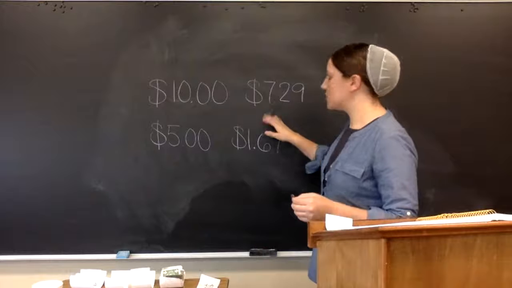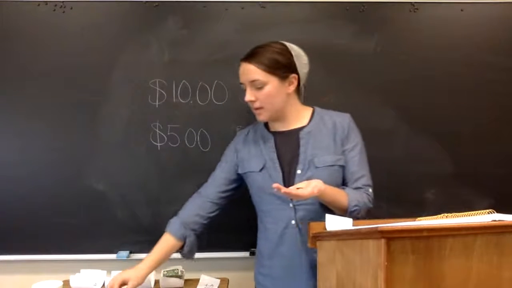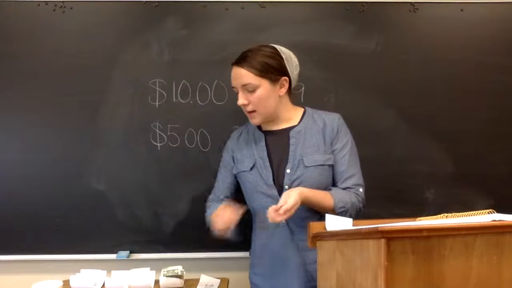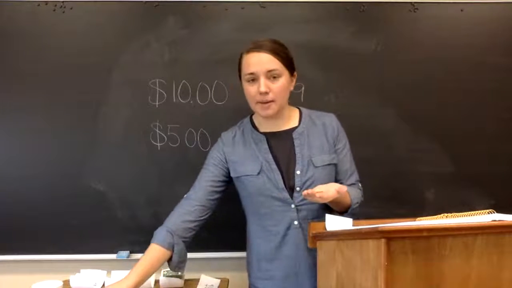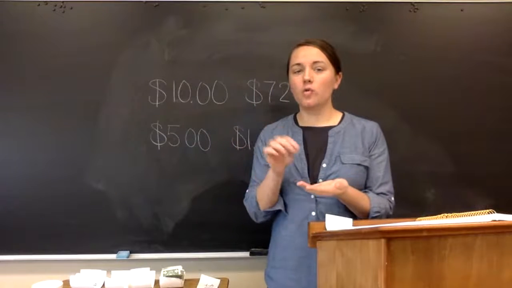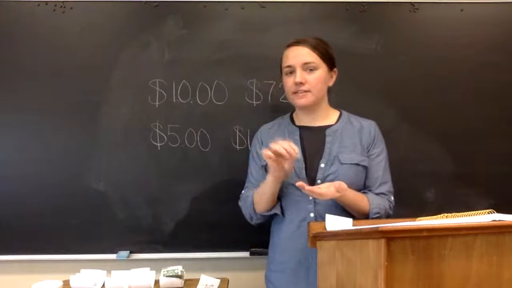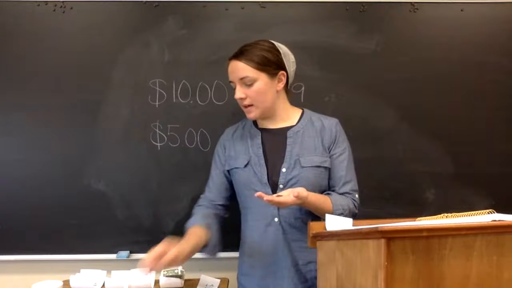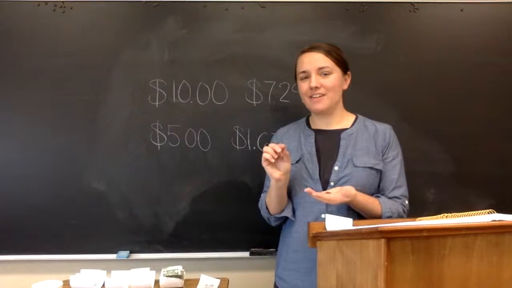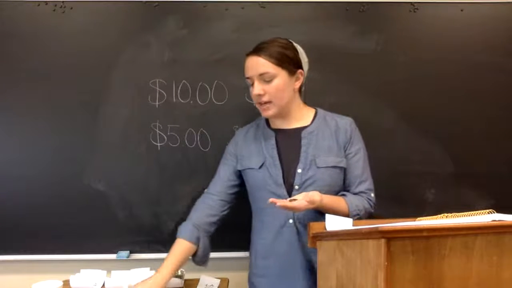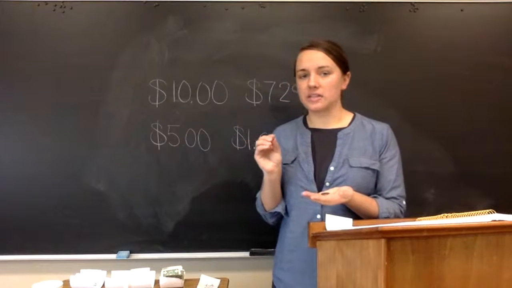So $7.29, a penny takes it to $7.30. A dime would take it to $7.40. Another dime would take it to $7.50. A quarter would take it to $7.75, and another quarter would take it to $8.